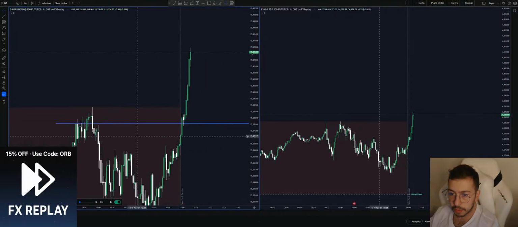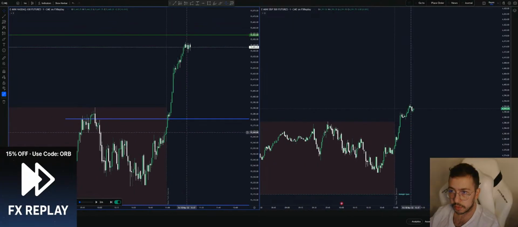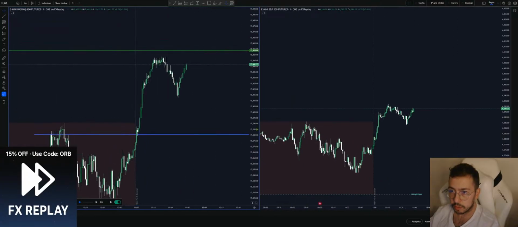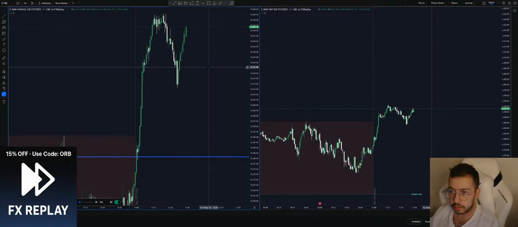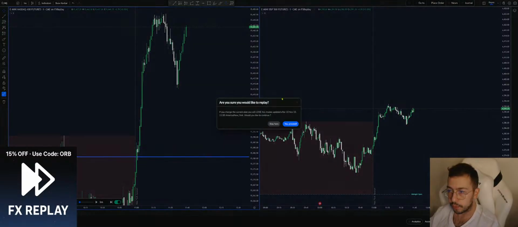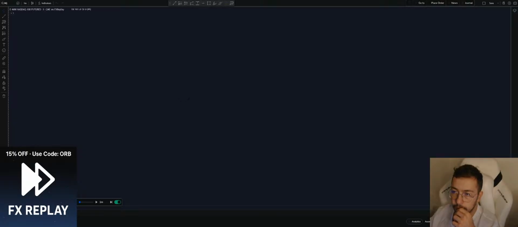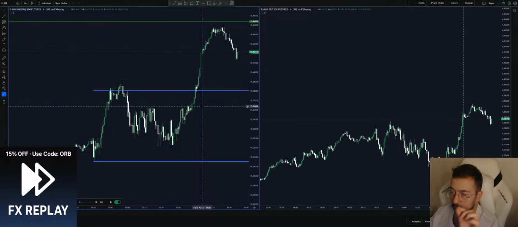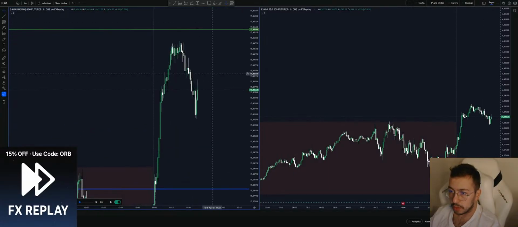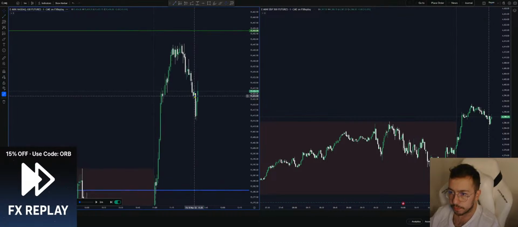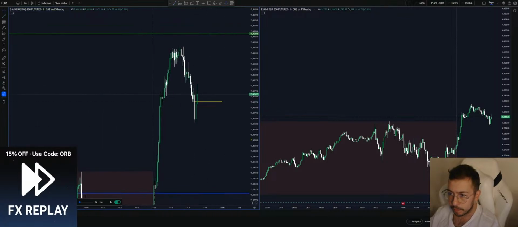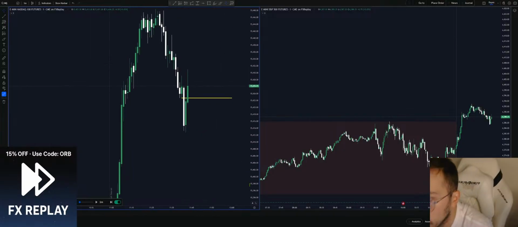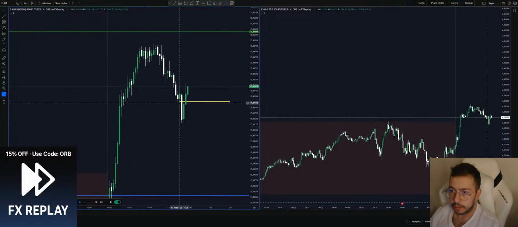That's not a gap. We did miss the entry, but we got another entry here. We had a small gap here that we inverted. This gap here. That's the gap.